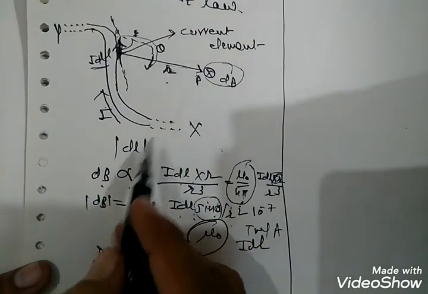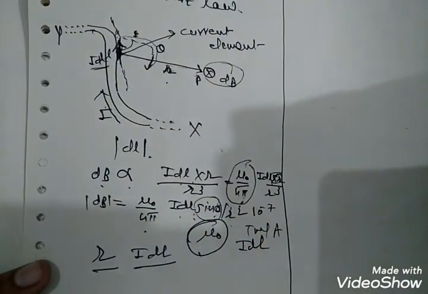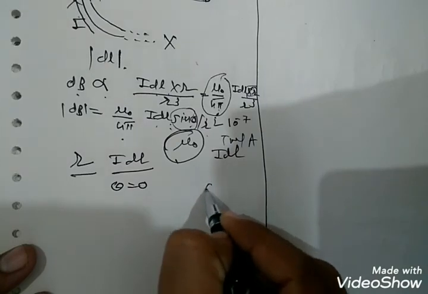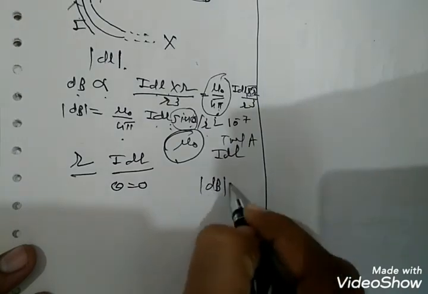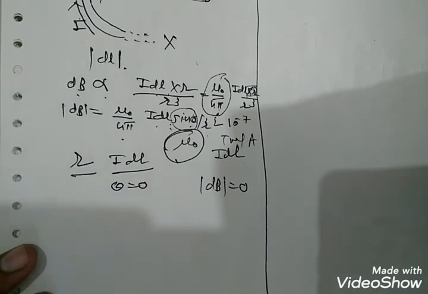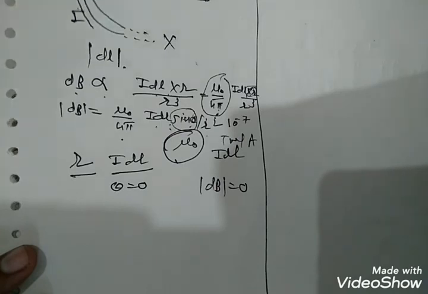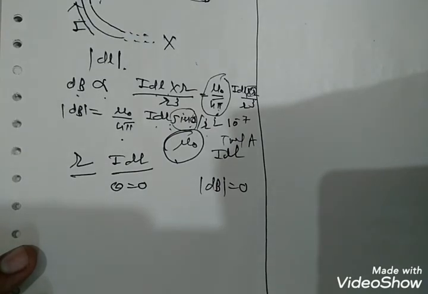Along this line theta is equal to 0, so sin theta is equal to 0, so dB due to this element is also 0.